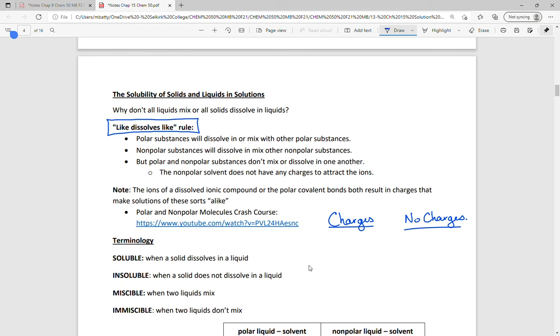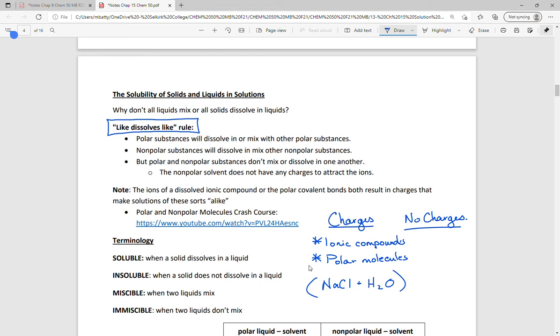So if we think back to the kinds of compounds that we could have in the charge regions, well, ionic compounds. The other thing that have charges are polar molecules. This is how salt can dissolve in water, right?